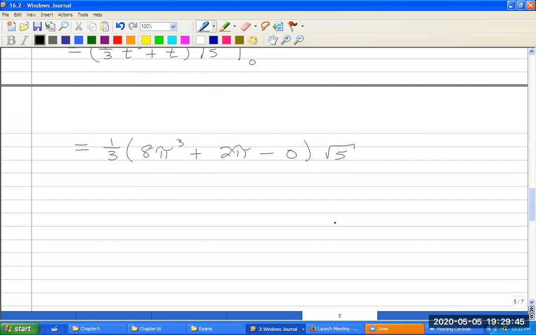Okay, so this is equal to, I can probably factor out a 2 pi rad 5 over 3. And let's see what remains would be a 4 pi squared plus 1.